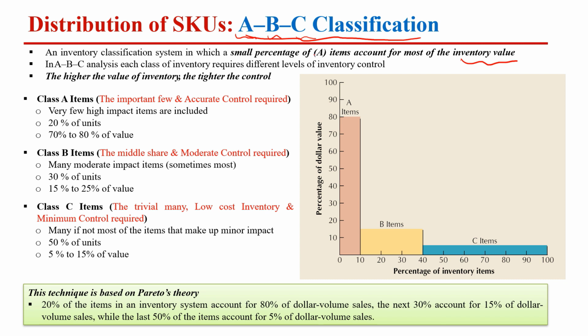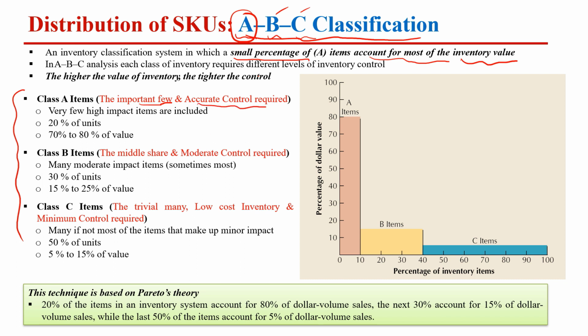Normally the A type classification contains a small percentage of items, but in terms of dollar value they are the most important items. The second is B and the third is C. So class A is important products but few, with a high dollar value, and it needs accurate control.